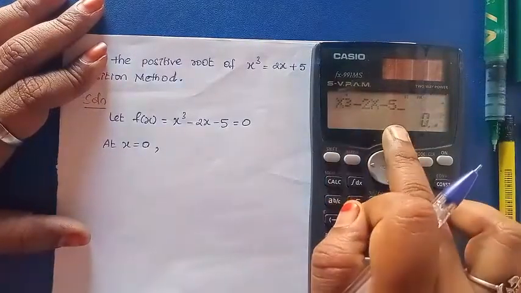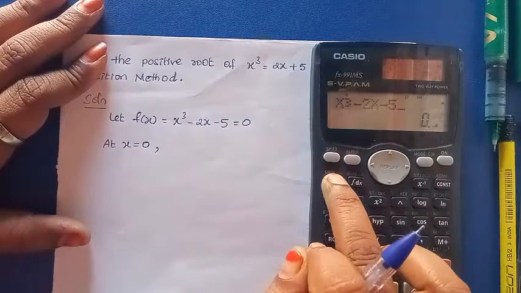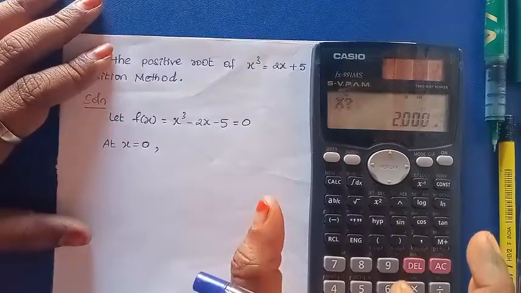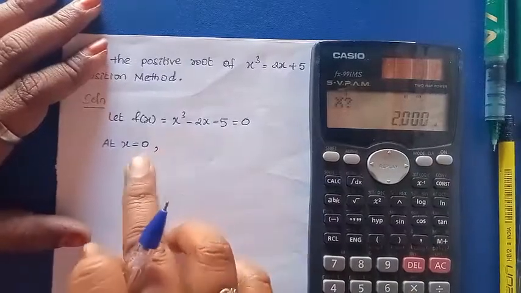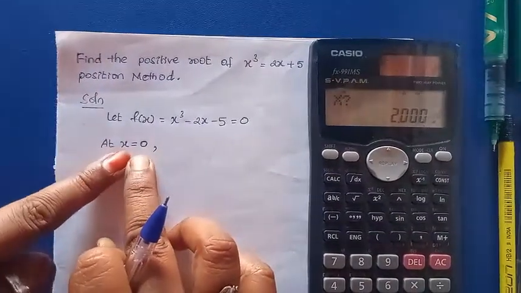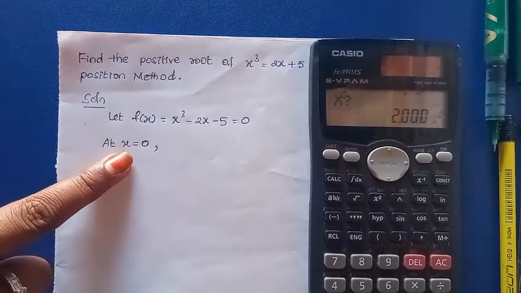So after typing the formula, press CALC, this button, which fixes the formula in your calculator and asks for the x value. Now the value of x is 0, so give it as 0 there and then equal to.